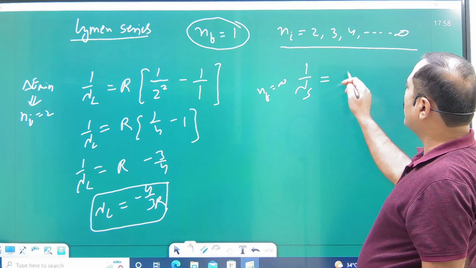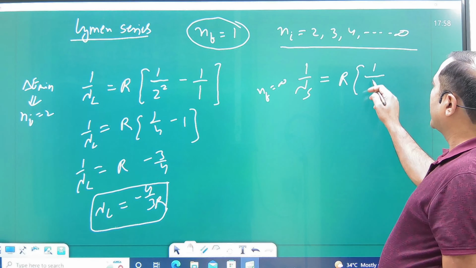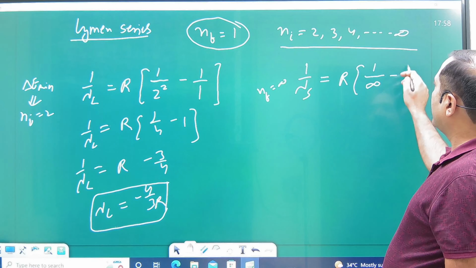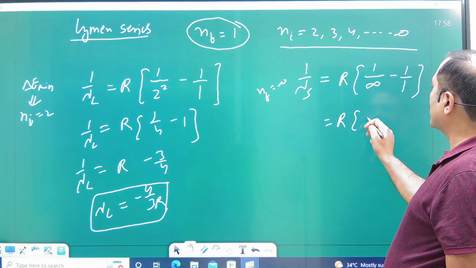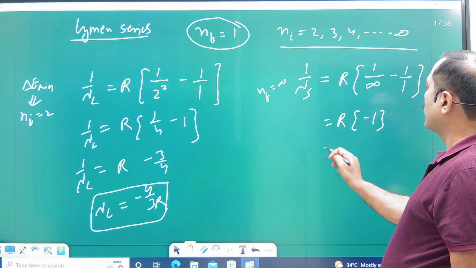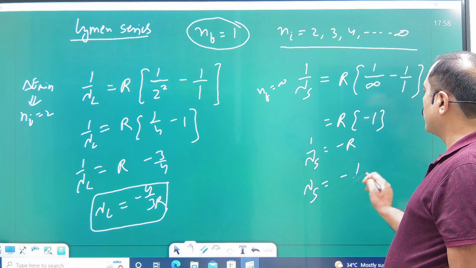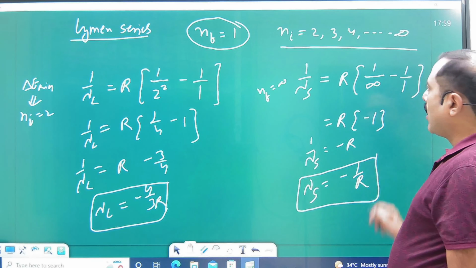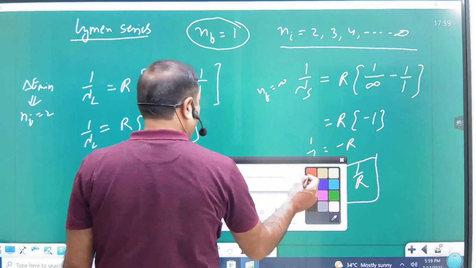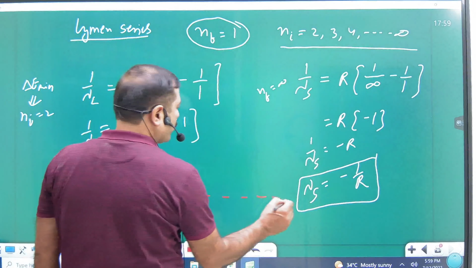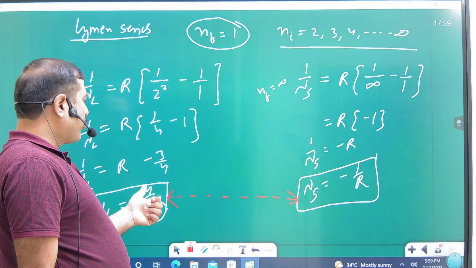So 1 by lambda shortest is equal to R times (1 by 1 square minus 1 by infinity square), which is R times (1 minus 0), so lambda shortest is equal to 1 by R. All infinite lines of Lyman series must lie between these two, lambda shortest and lambda longest, that is, between 1 by R and 4 by 3R.